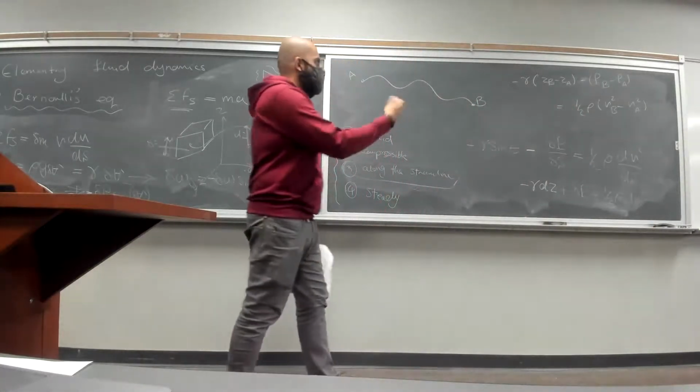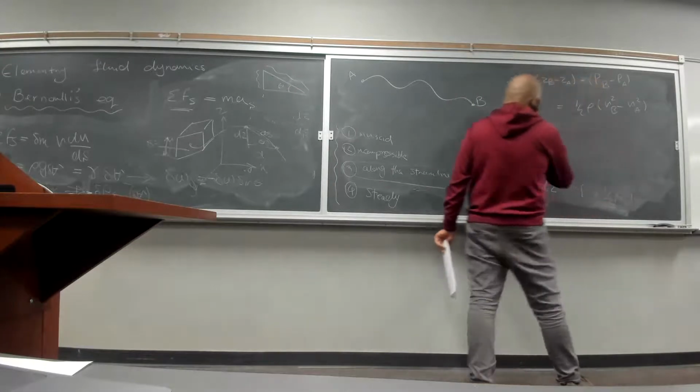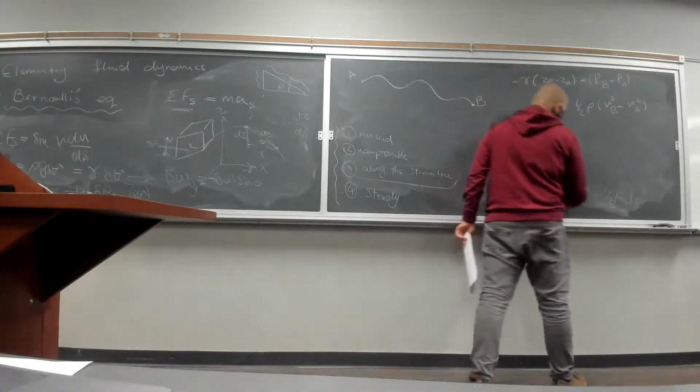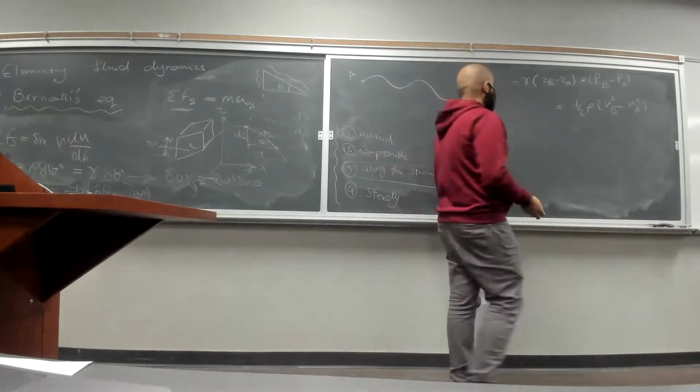So what does it mean? Let's move things around a bit. Let's move all of the things with sign A, that pertain to location A, to one side, and all of the things that pertain to location B to the other side.